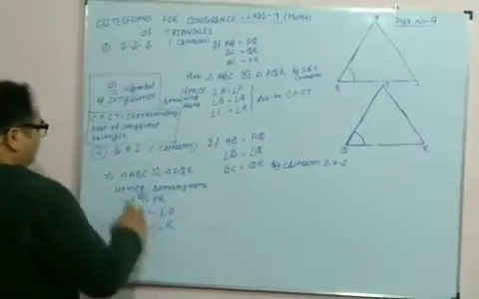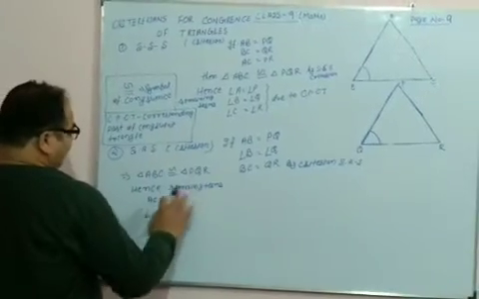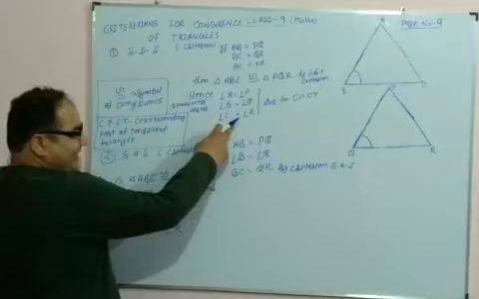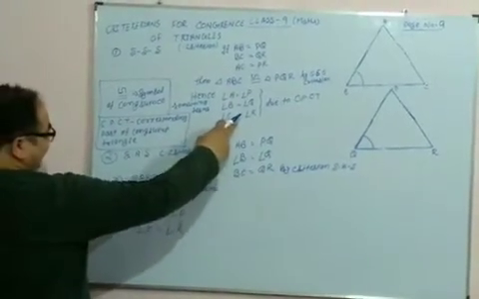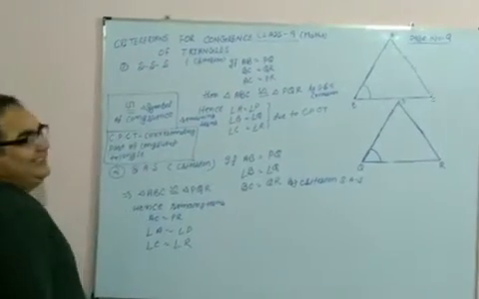The remaining properties, AC equals PR, angle A equals angle P, and angle C equals angle R, are not written in the criterion.